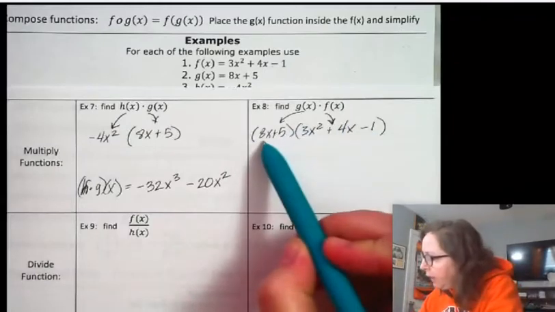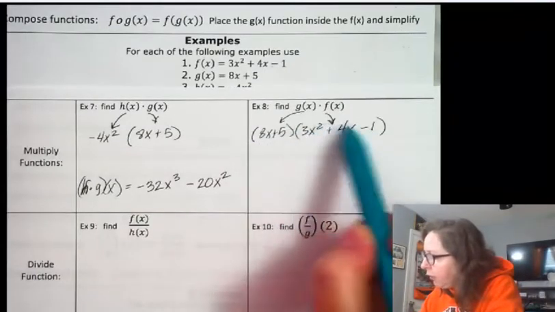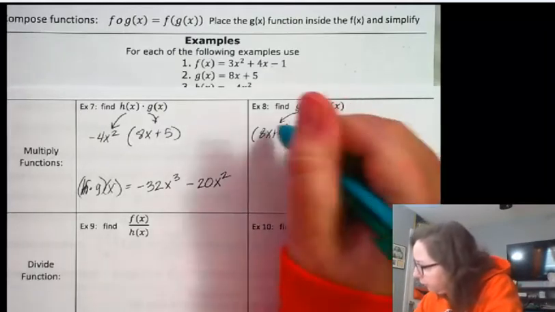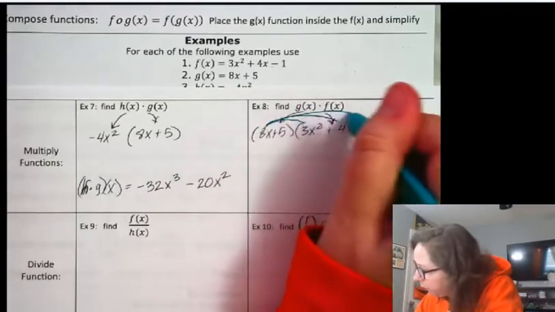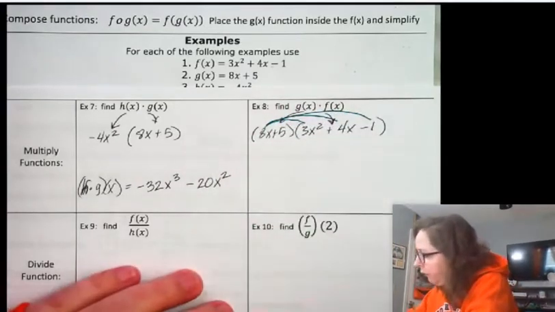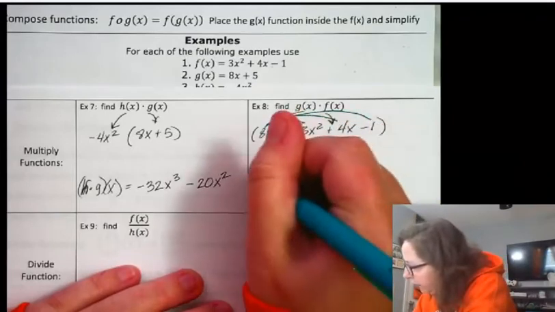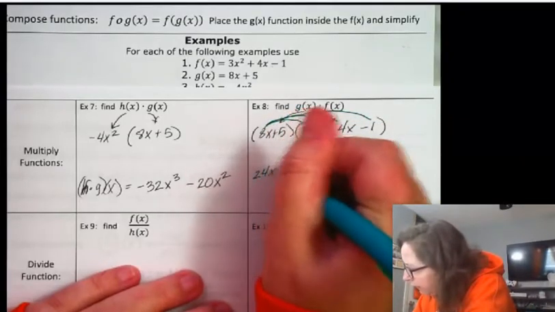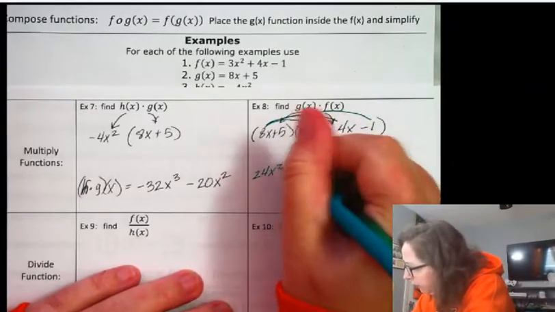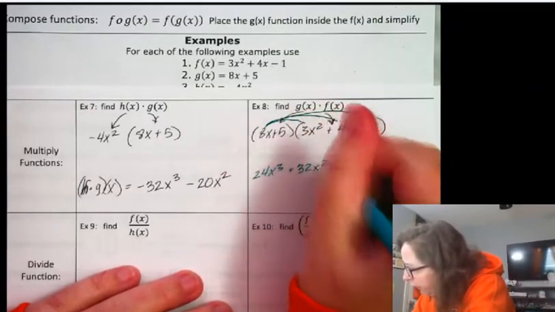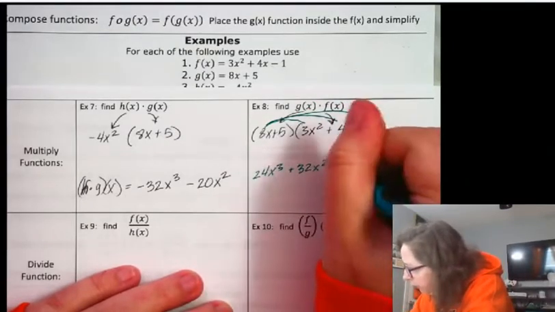Okay, so I need to distribute the 8x to all three of these parts. So I'm going to get 8x times 3x squared is 24x cubed. 8x and 4x is 32x squared. And 8x and negative 1.